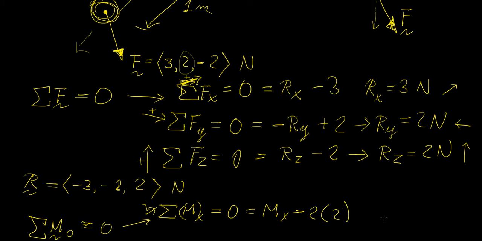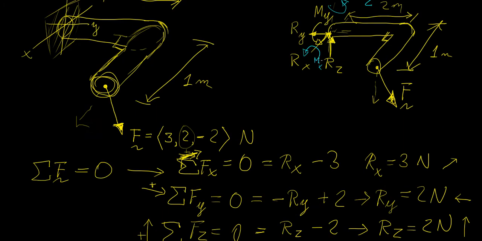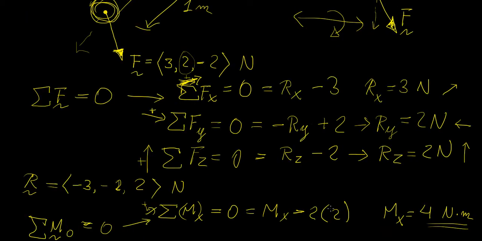So that implies that mx is going to be 4 newtons times meters. So those are the units for moments, newtons times meters, just the same units as torque. And the reason for that is that we have this moment going in the opposite direction. This here, this is causing a rotation in this direction. So basically we just make this moment equal to that. So that's how we have it here.